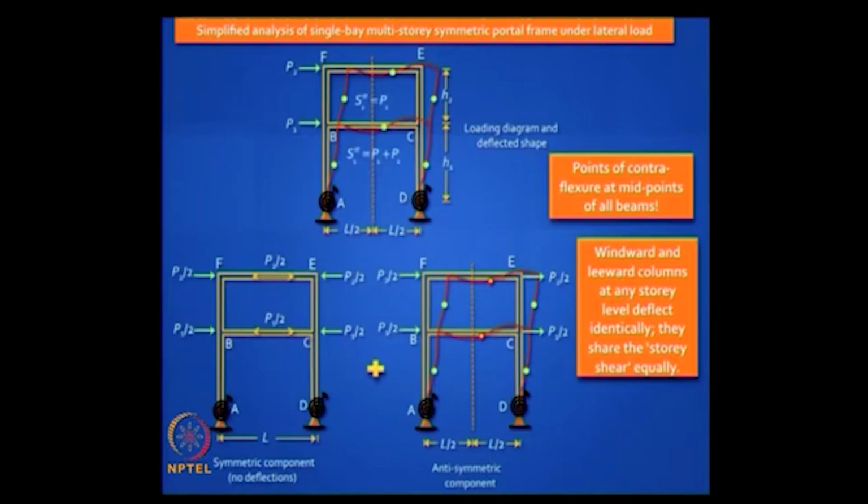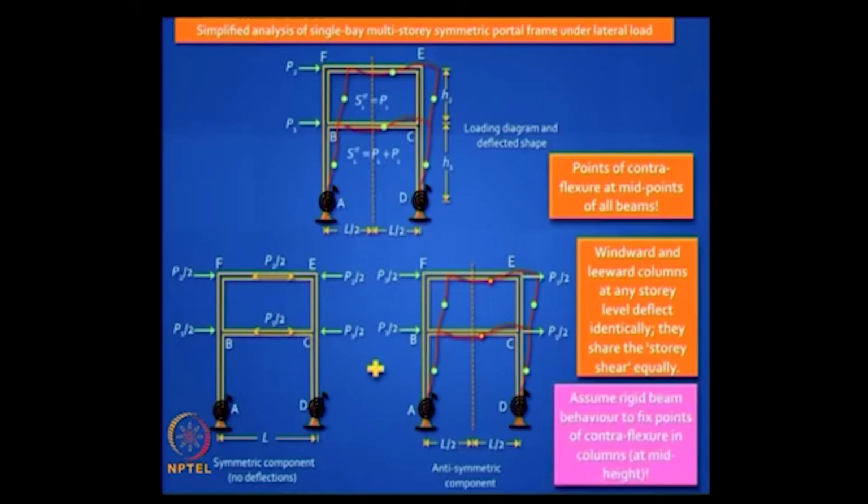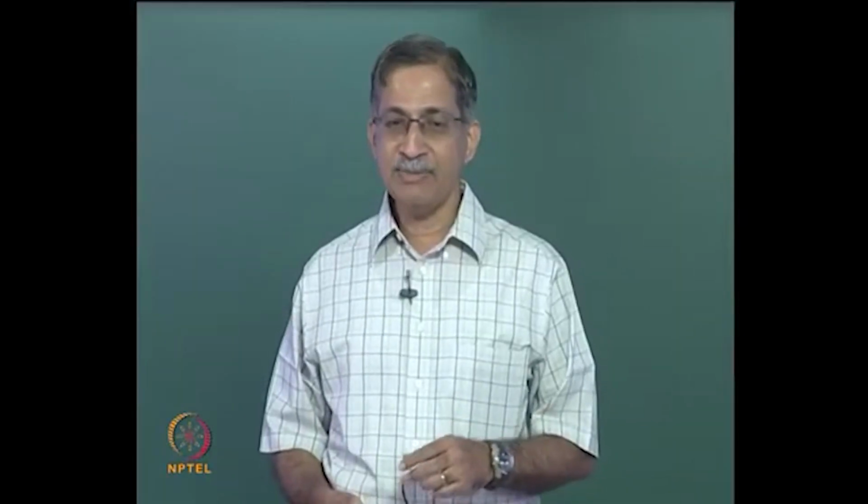So these 2 points are obvious. We need to make additional assumptions, and this is the assumption we make. We assume that there are points of contraflexure in the middle of all the columns as well, which is an assumption that is valid only if the beams are infinitely stiff, as we saw in the earlier session.